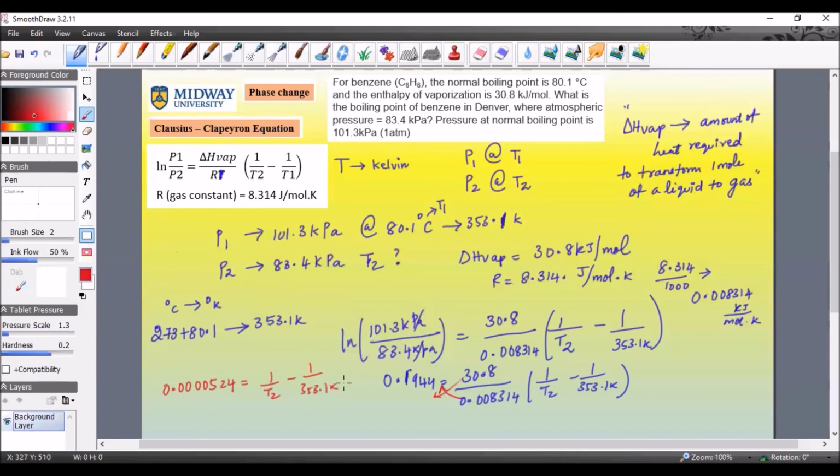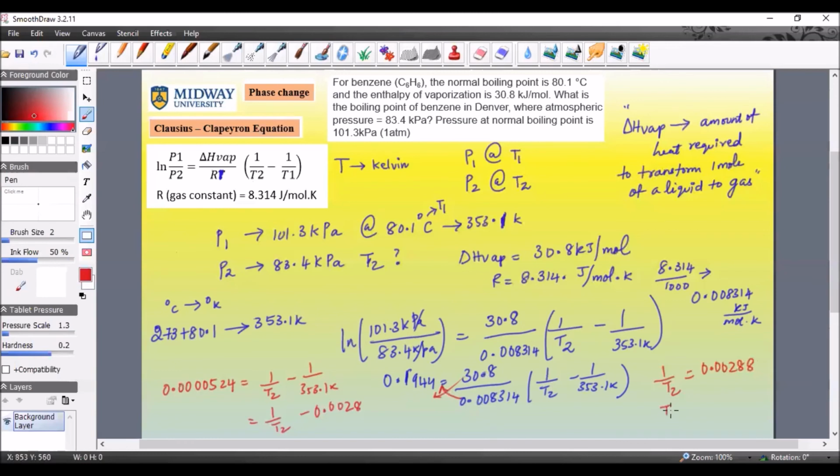Now 1 over 353.1 gives us 0.0028. We move it to this side and add it to our other number, 0.000524. So 1 over T2 equals 0.00288.